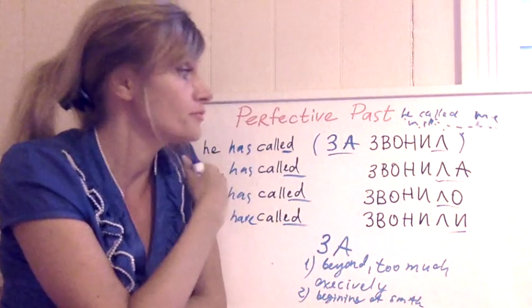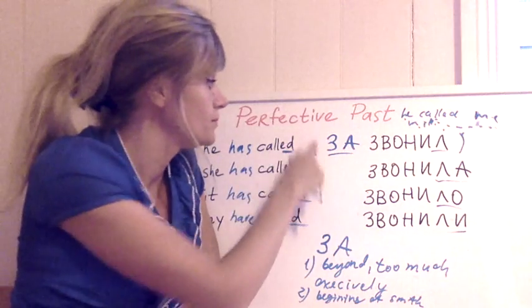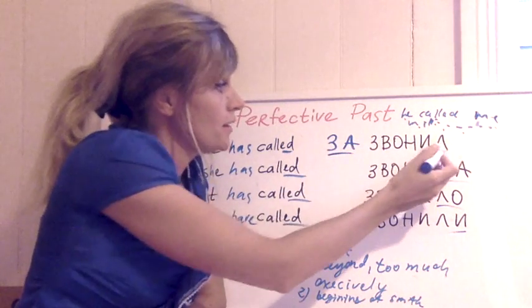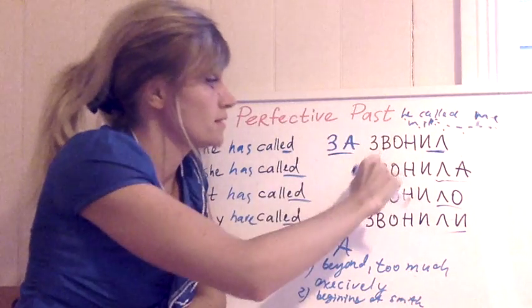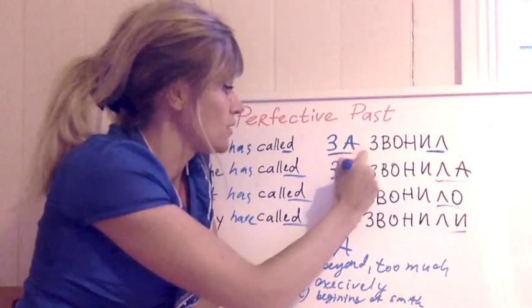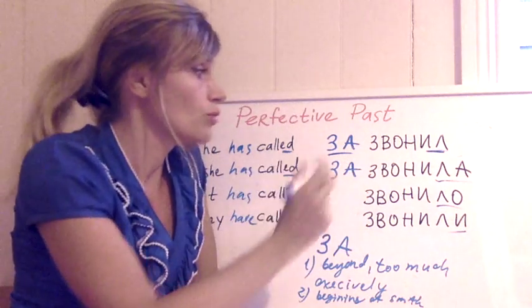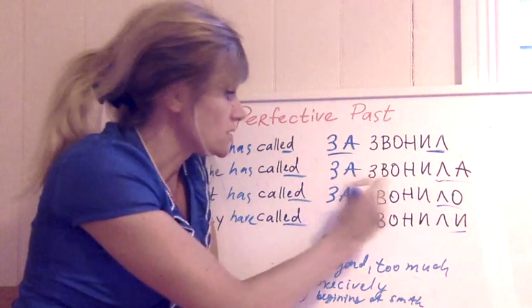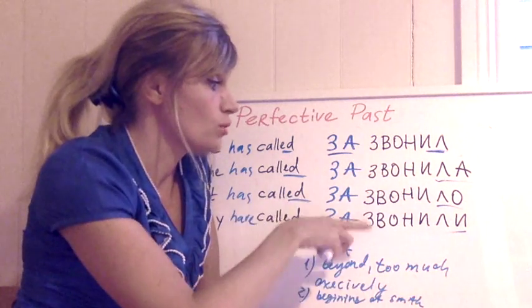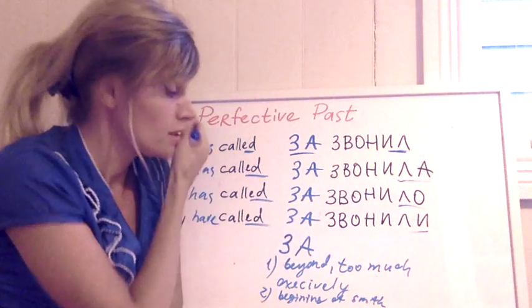Because it has a lot of information. Excessive, he called excessively, he called like millions of times. Зазвонила, she called me a lot. Зазвонили, they called a lot of times, right?